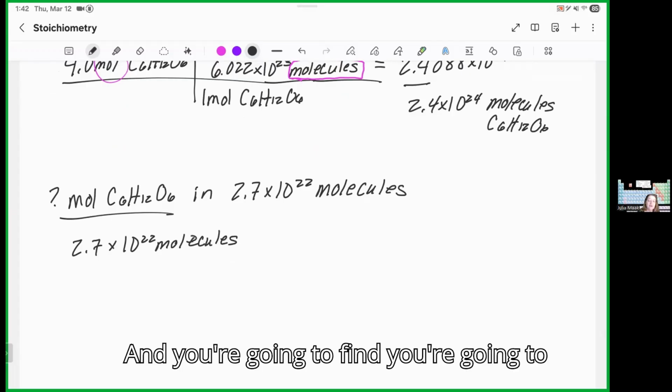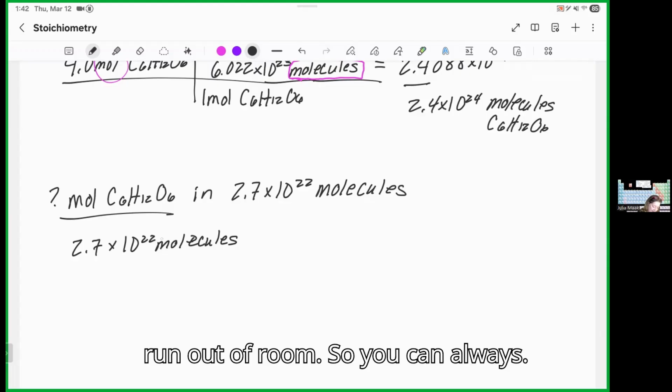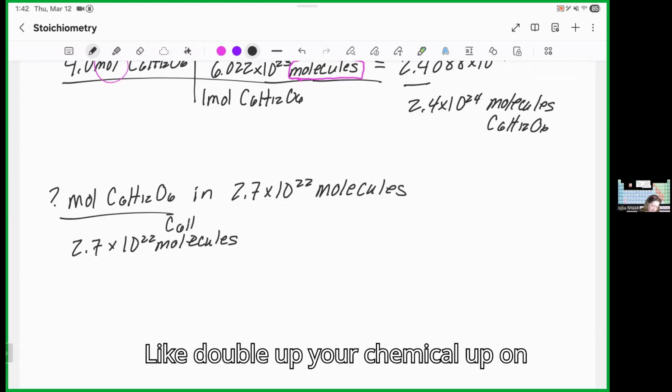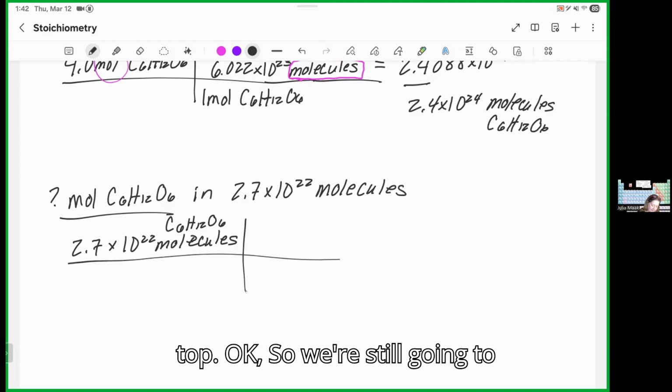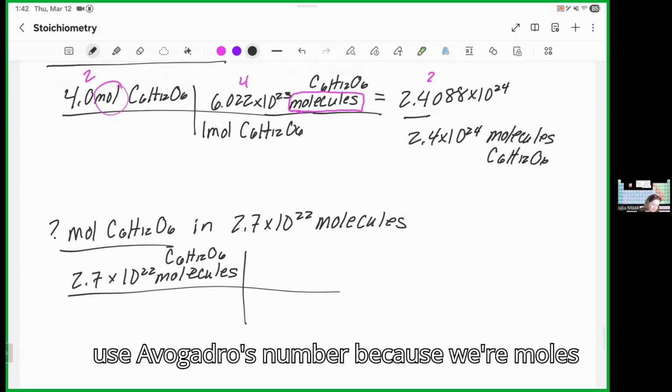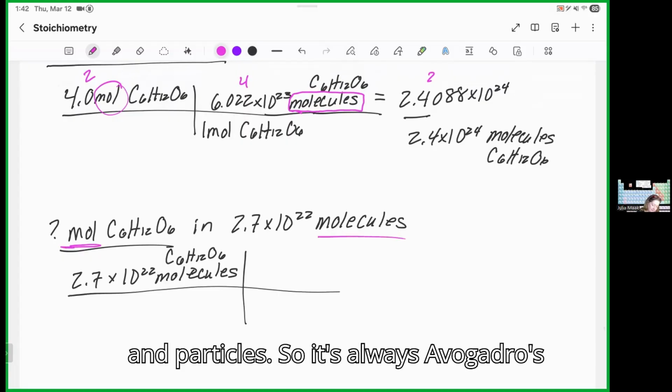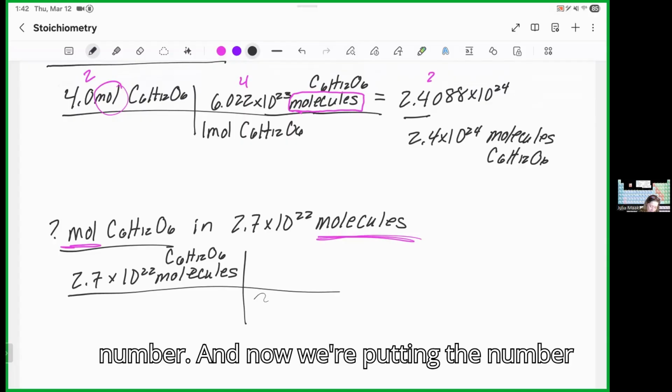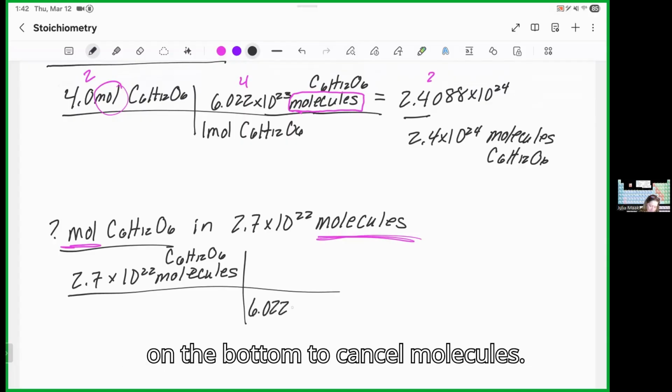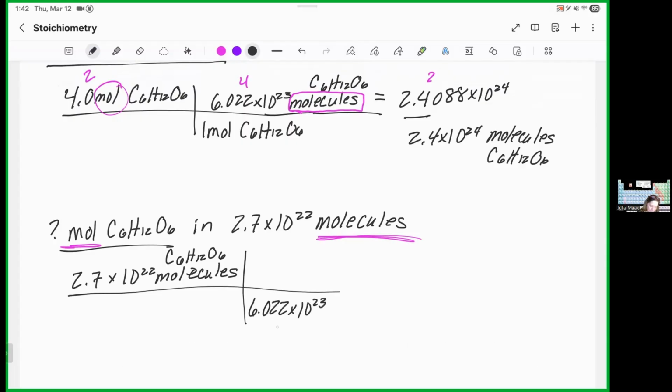And you're going to find you're going to run out of room, so you can always double it, put your chemical up on top. We're still going to use Avogadro's number because we're relating moles and particles, so it's always Avogadro's number. And now we're putting the number on the bottom to cancel molecules. And 1 mole.